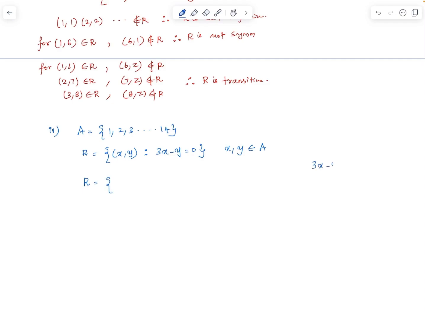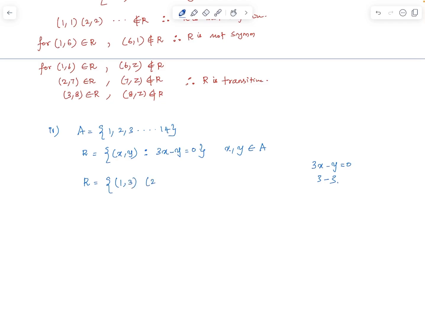The definition is 3x minus y equal to 0. If we take 1 for x, then to make this expression 0, we have to take y as 3. So (1, 3) is one ordered pair.